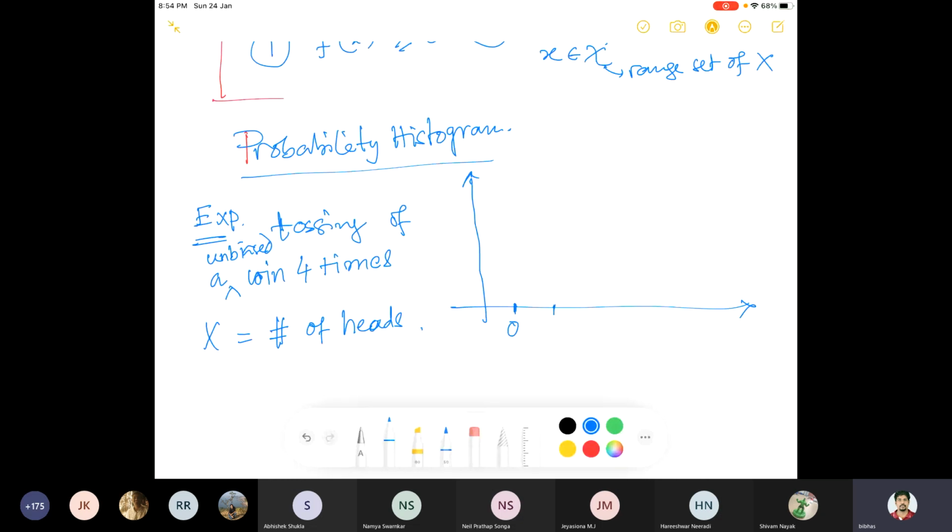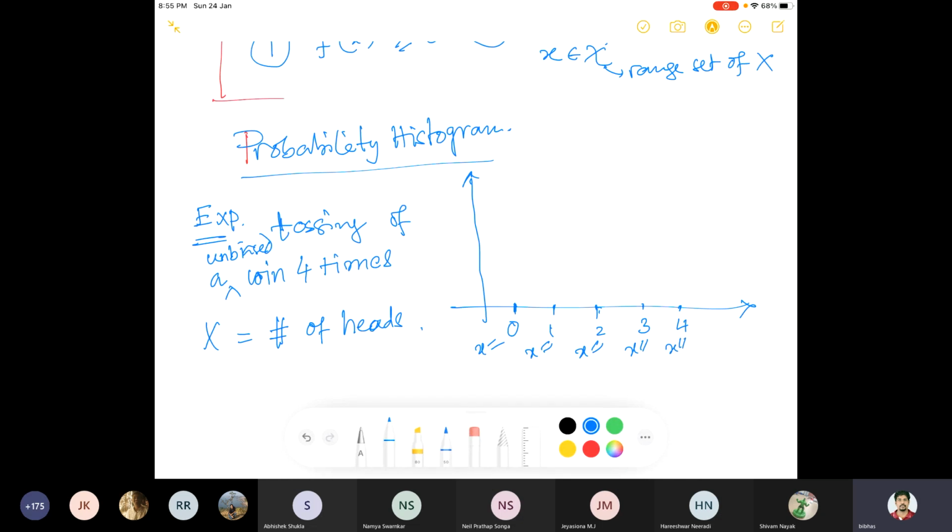These are all the range of capital X, you can say like that. Head could be 1, head could be 2, head could be 3, and number of heads could be 4. This is X equal to 0, X equal to 1, X equal to 2, X equal to 3, X equal to 4.